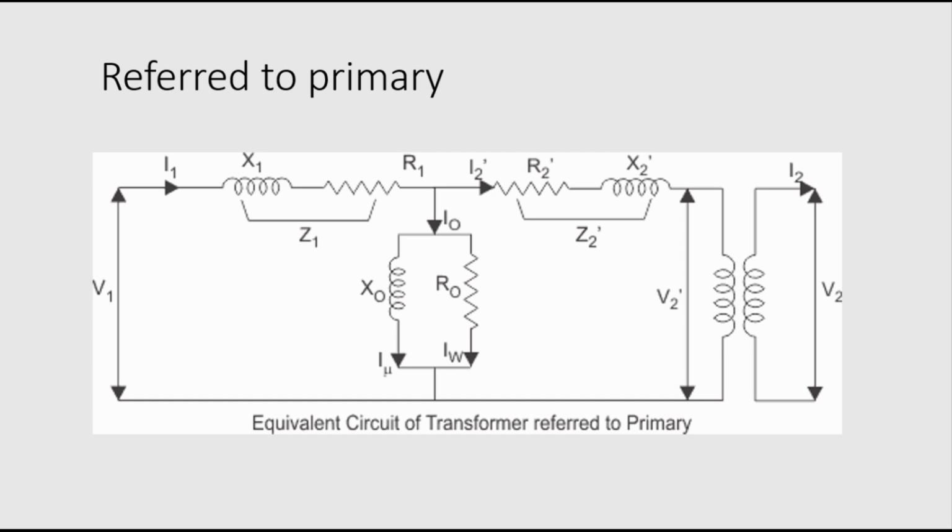I think you all know about this. Now, this is referred to primary. That means the components of the secondary are transferred to the primary side, and the secondary side is left with nothing else. Here we can see the primary winding, the core loss component, and the secondary winding. So this is referred to primary, and we can call it the exact equivalent circuit.